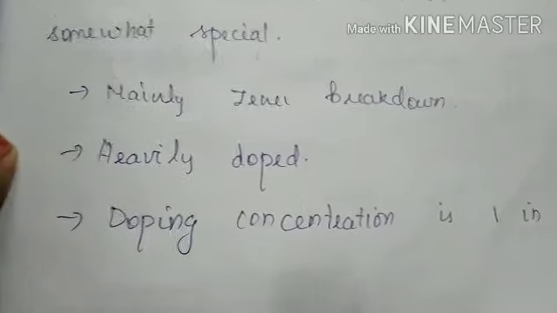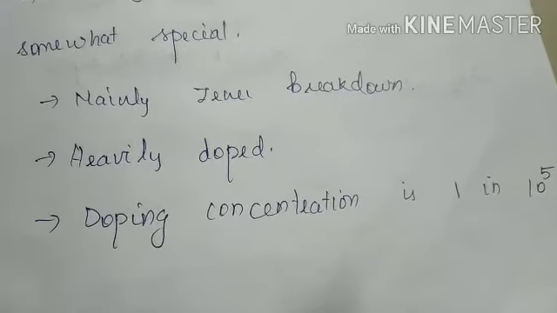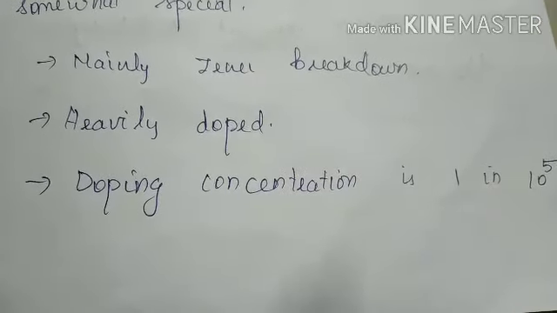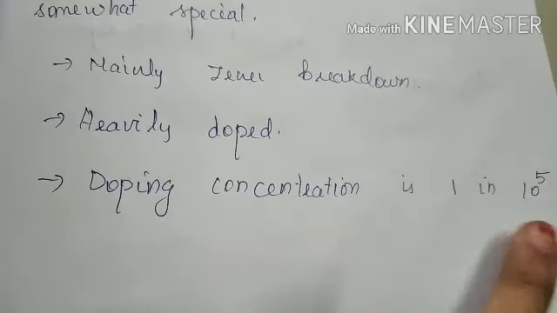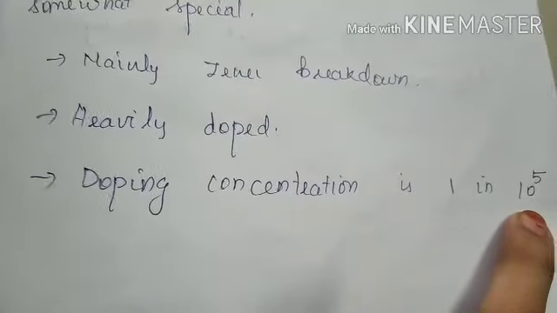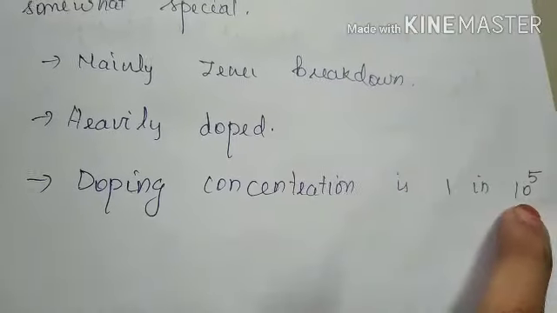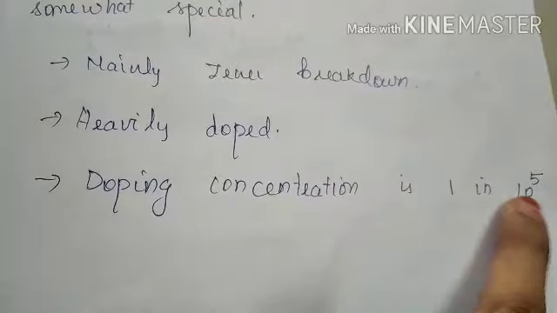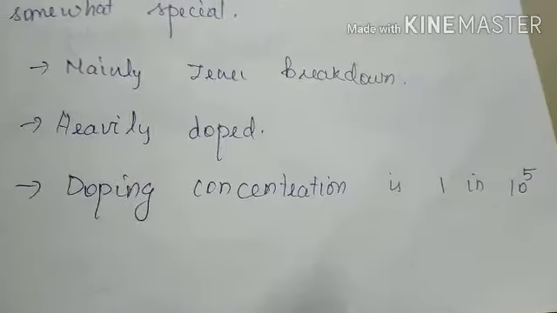It is a heavily doped PN junction diode, and the doping concentration of the Zener diode is 1 in 10 power 5. We are adding one impurity in 10 power 5 parts of semiconductor atoms.